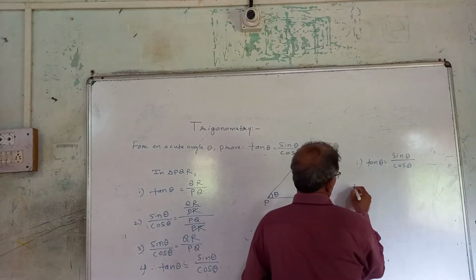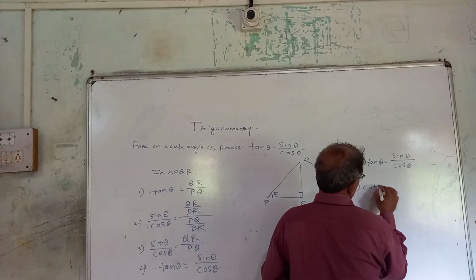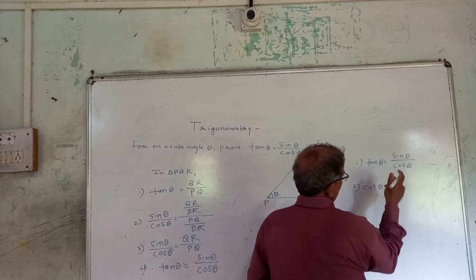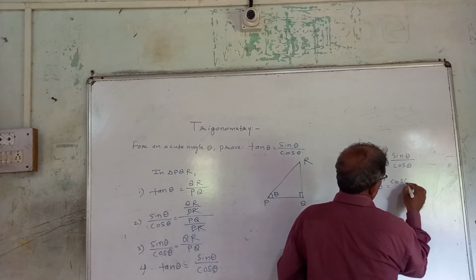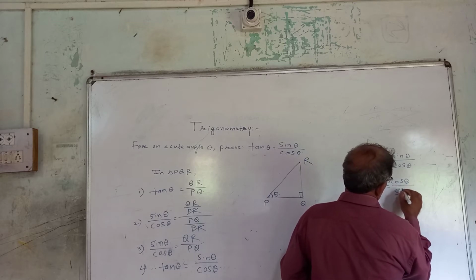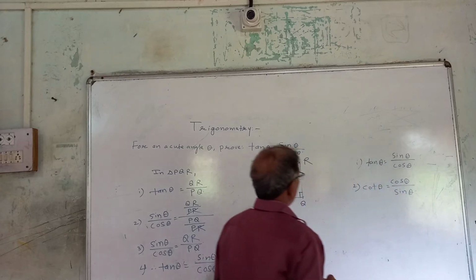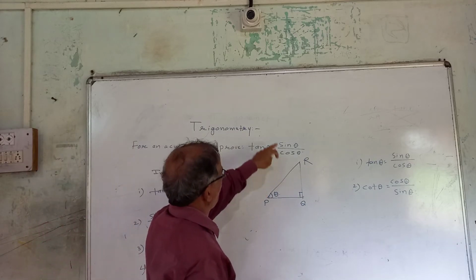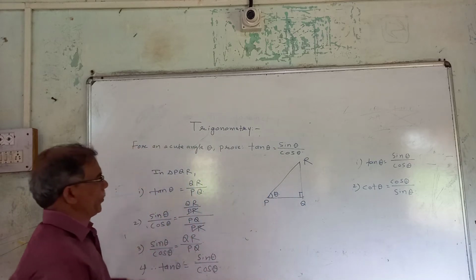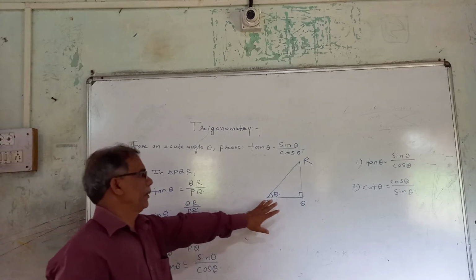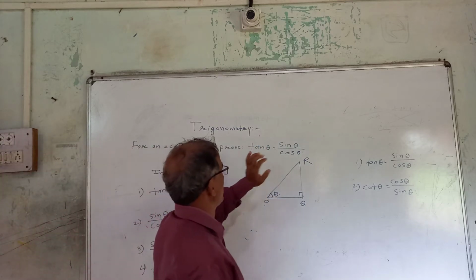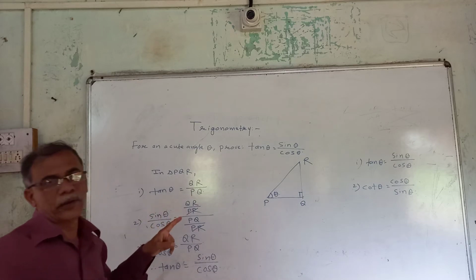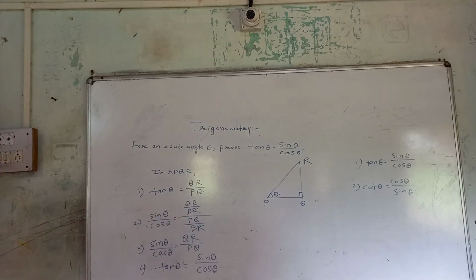And if you want to write cot theta, we write the inverse of this, cos theta upon sin theta. This is how this relation comes, which I showed you here. It will not come for examination, but you should know this relation: tan theta is equal to sin theta upon cos theta and cot theta is equal to cos theta upon sin theta.